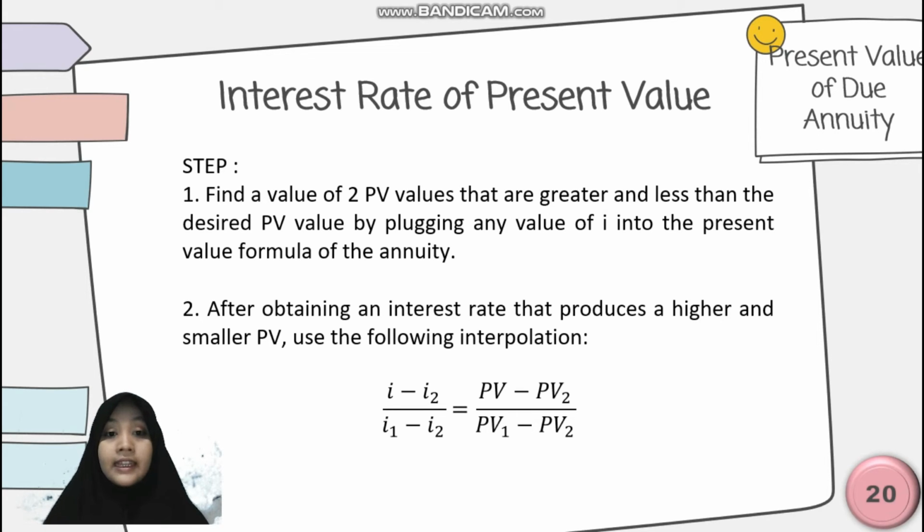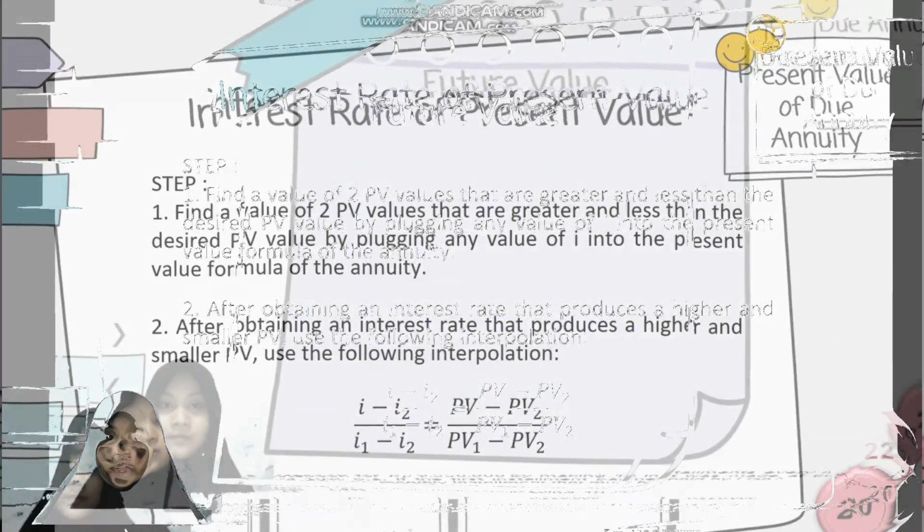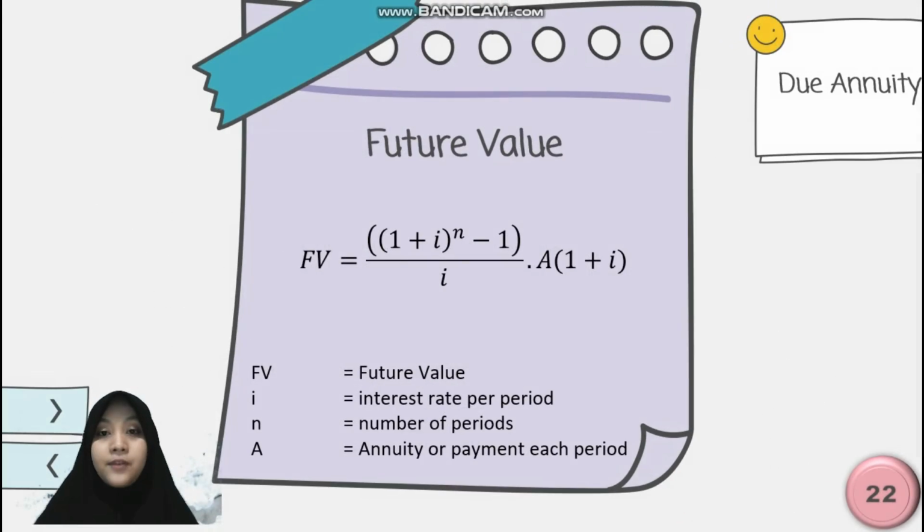After obtaining an interest rate that produces a higher and smaller PV, use the following interpolation. I minus I2 divided by I1 minus I2 equals present value minus present value 2 divided by present value 1 minus present value 2.